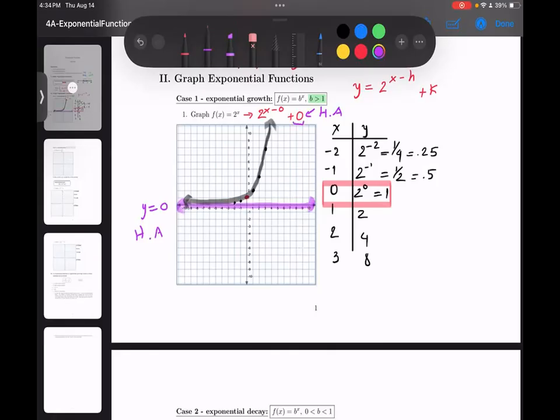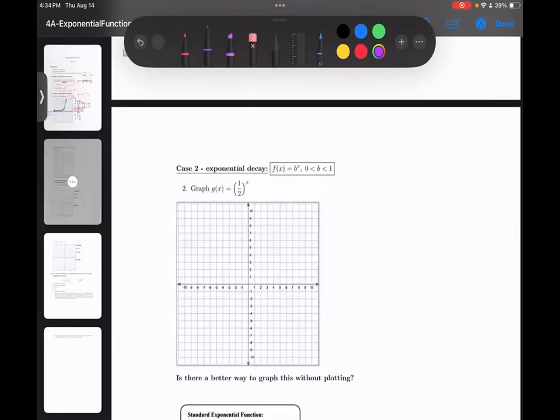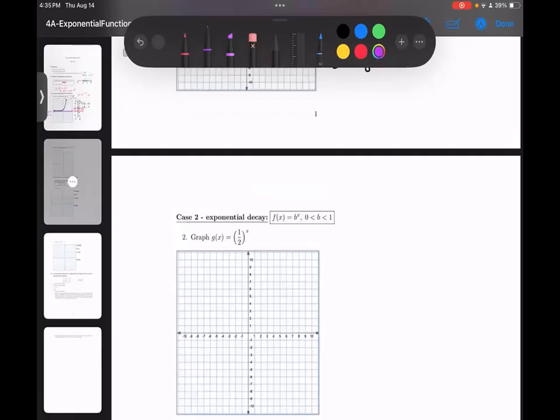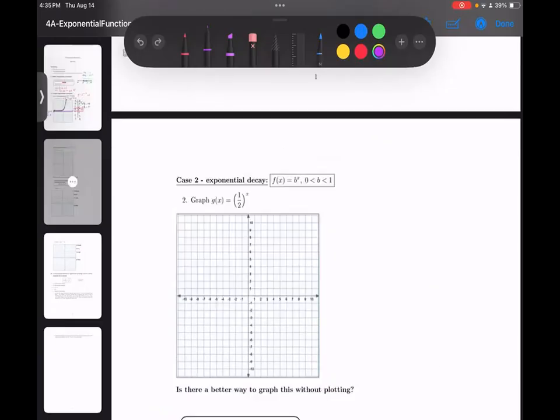Okay. All right. Case 2, exponential decay, where b is between 0 and 1. This little green blue part here. So if I have g of x equal 1/2 to the x, b is 0.5, between 0 and 1, right? A lot of times you're going to see me writing 2 to the negative x.